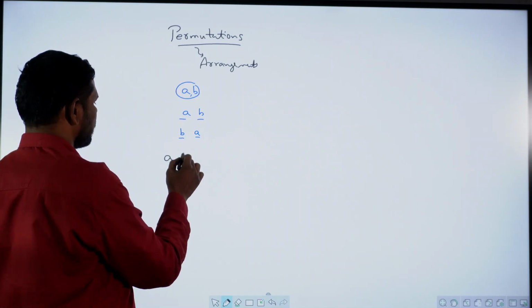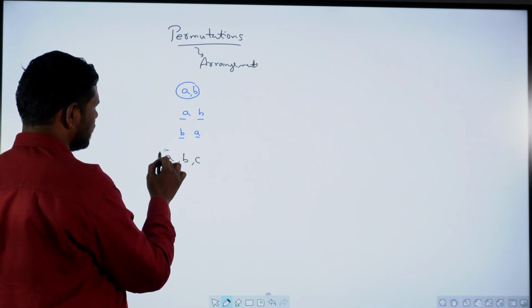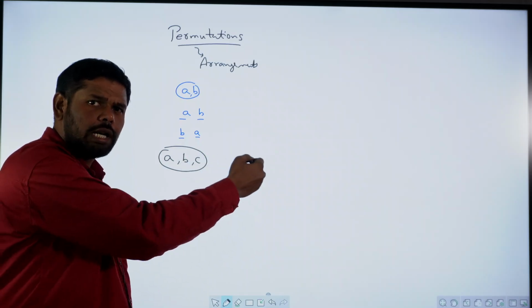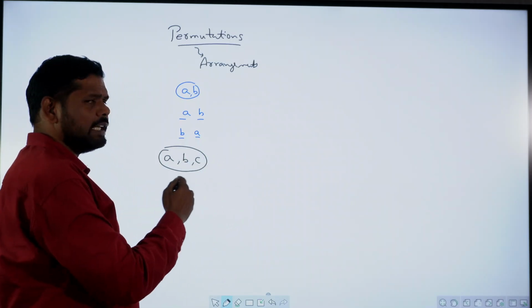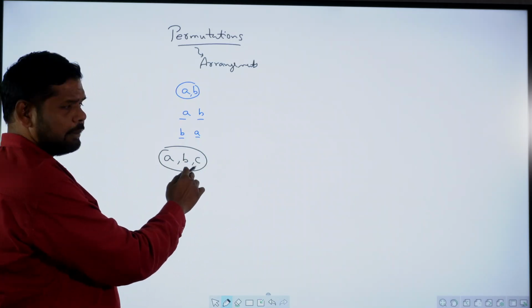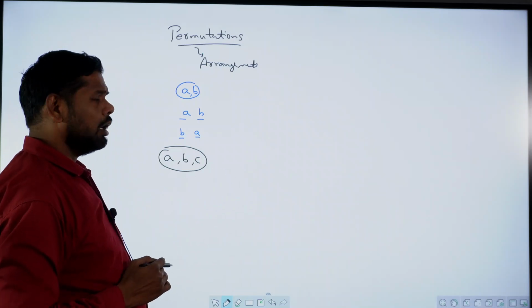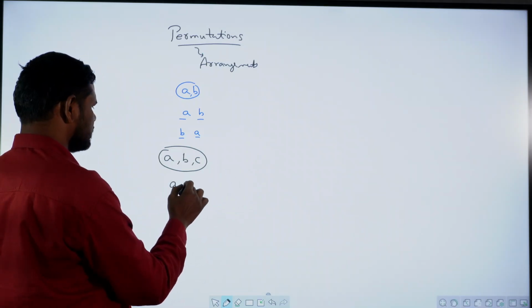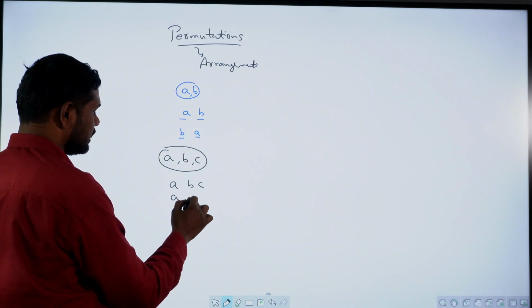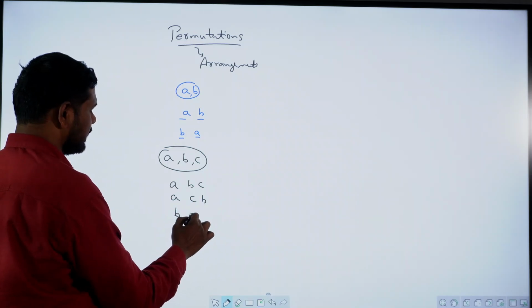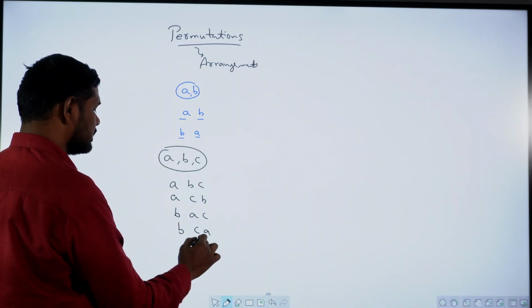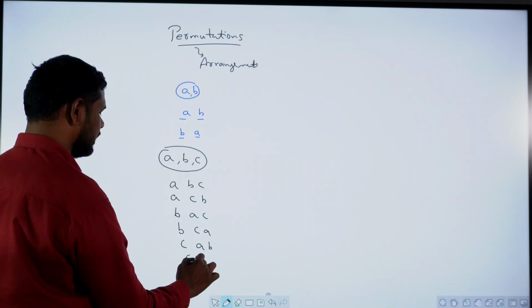Similarly, observe ABC, three persons are there. We use all at a time. We need to seat all of ABC in a seating order. In how many ways? Right, ABC is one way and ACB is also one way. BAC and BCA, CAB and CBA.